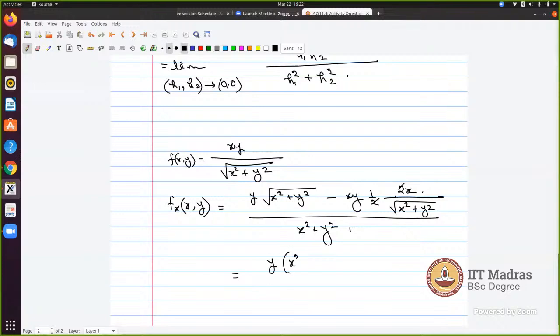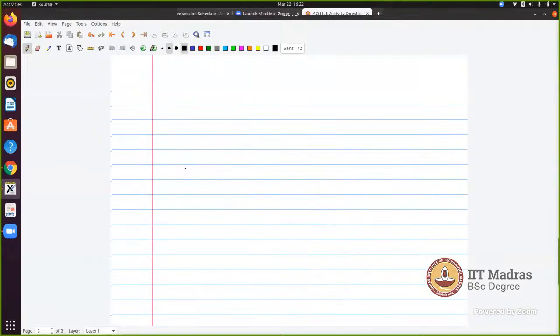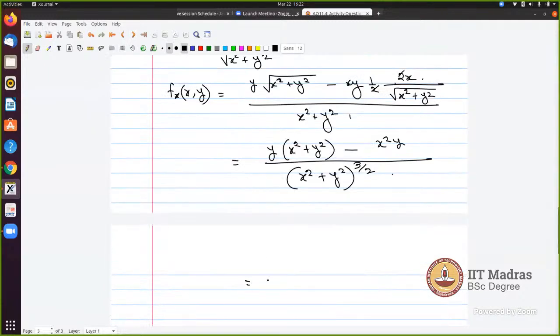So y(x square plus y square) minus x square y over (x square plus y square) power 3 by 2, right? Okay, sir. I think this is where I made a mistake. So x square y will cancel out. So y cube by (x square plus y square) power 3 by 2, right? Yes, sir. So this limit does not exist basically, right? Okay, sir.